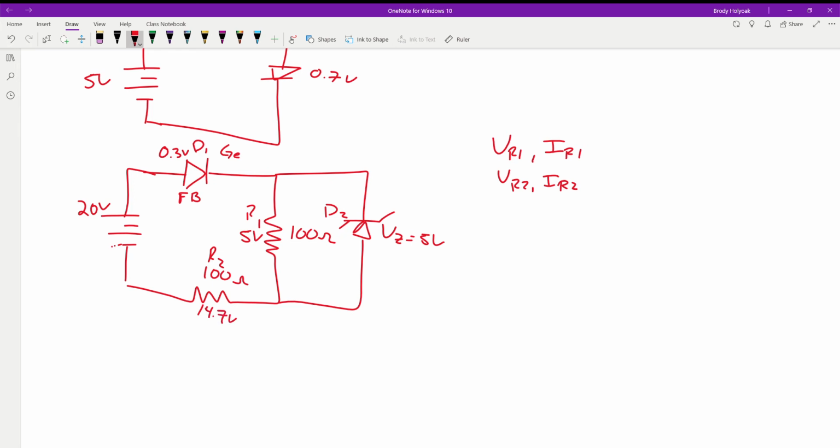Okay. How much current do we have through R1? Not through R1. 50 milliamps. How much current do we have going through R2? 147 milliamps.